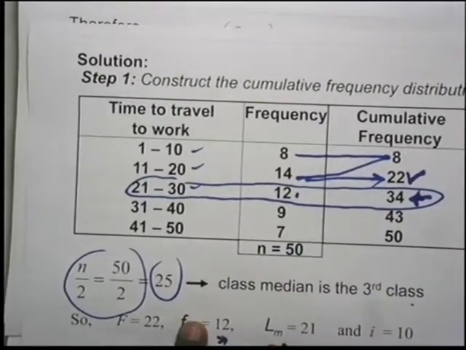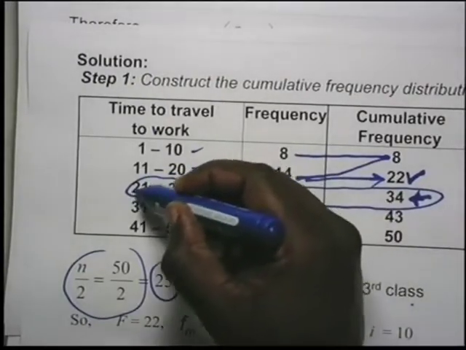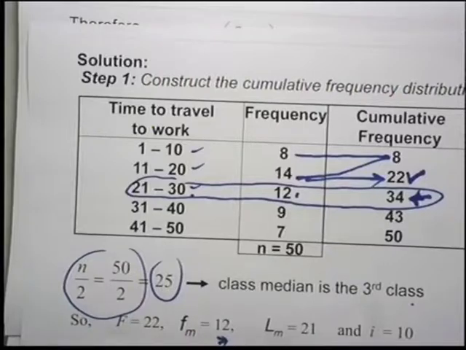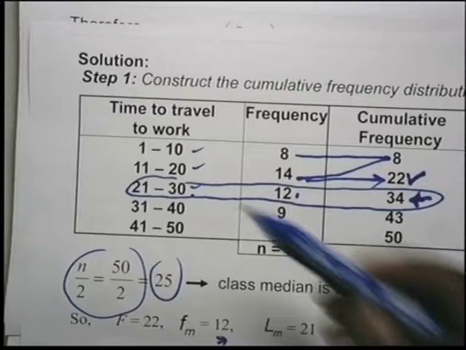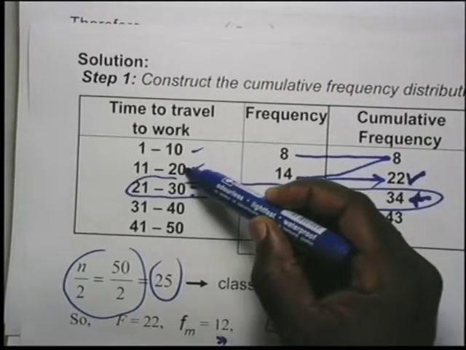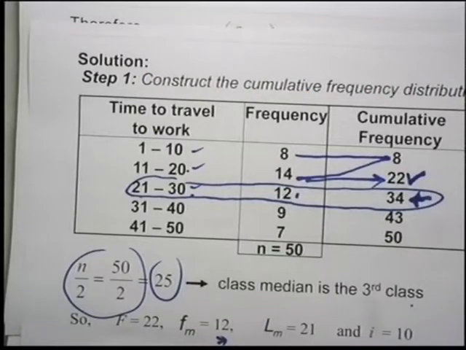Then we find the LM. This is the lower limit of the median class. We know the class where the median is, and our lower limit is 21. Here is one thing that you do. I've put 21 for simplicity, but between 20 and 21 we've got a difference of 1.